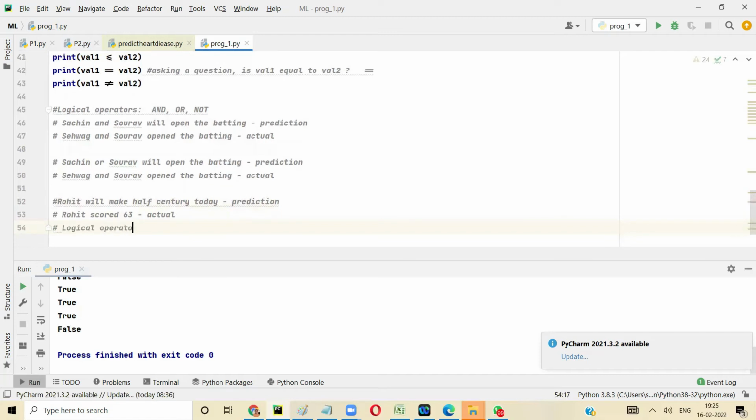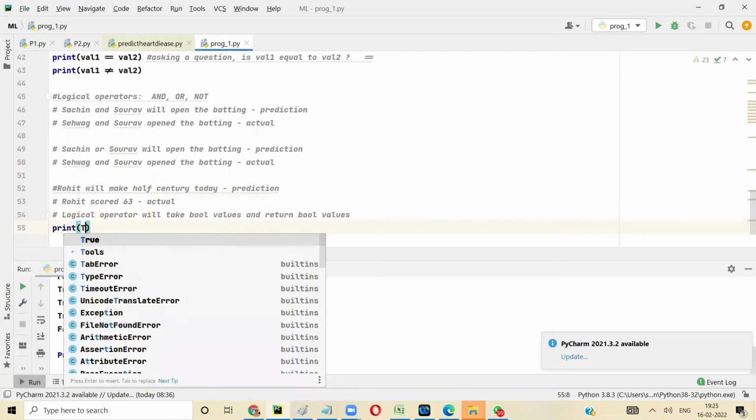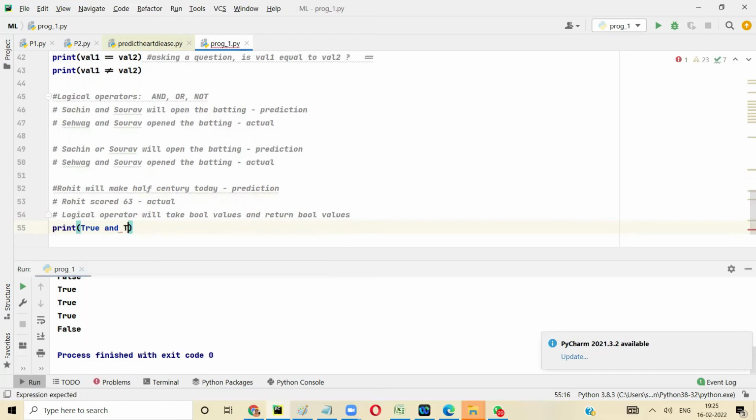Logical operators will take bool values and return bool values. So for example, if I say true and true, what will be the value? True.